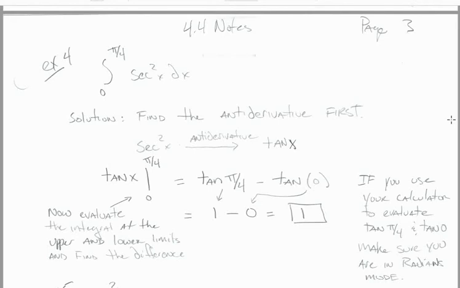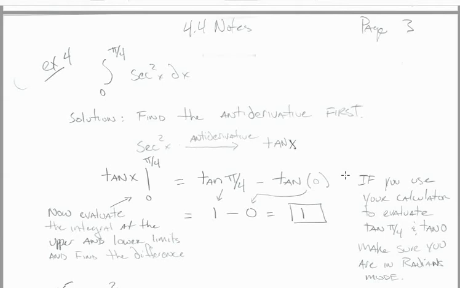If we take the derivative of tangent, we get secant squared. So we've got to be able to go both directions. So we're going to evaluate tangent of x from 0 to pi over 4. Okay, so upper limit minus the lower limit. So in this case, tangent of pi over 4 ends up being 1, and tangent of 0 ends up being 0.